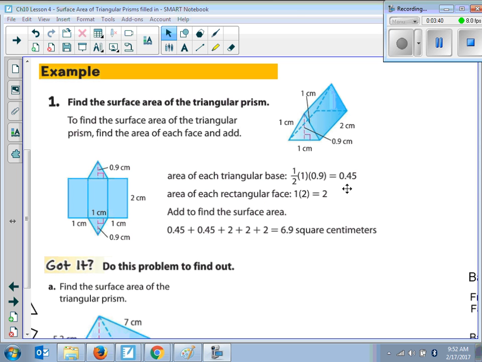Now remember, you have two of them, right? So that 0.45, you have to add twice or multiply times 2. Very good. Then you can find the area of each of the rectangular bases. Since this triangle is an equilateral triangle, that means that all of the faces will be the same. So 2 plus 2 plus 2. Now we add all the faces together to get the total surface area of the triangular prism. Is everybody clear?